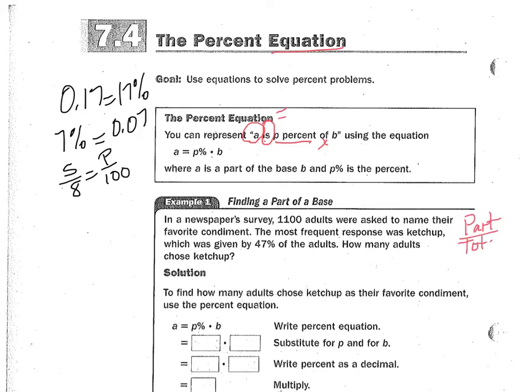If you look at it that way, we know in the whole survey 1,100 adults were surveyed, so that would be your total. And we know our percent. It wants to know how many of those surveyed chose ketchup. That's the part. If you understand it that way, set it up that way.